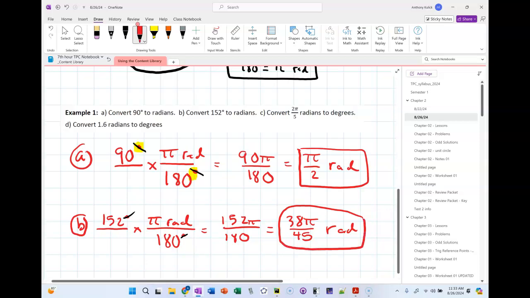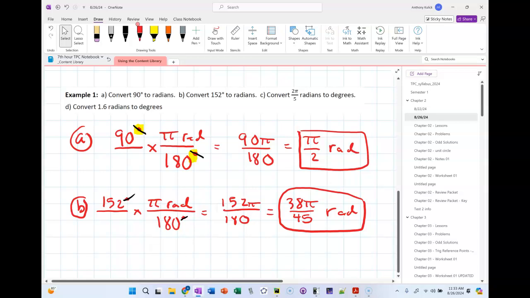Again, just depends on the directions, whether you're required to give your answer exact or in terms of pi, or rounded, right? The directions should tell you what is required of you. And if nothing is mentioned there, then either would be appropriate. Is everybody okay so far? No big deal?